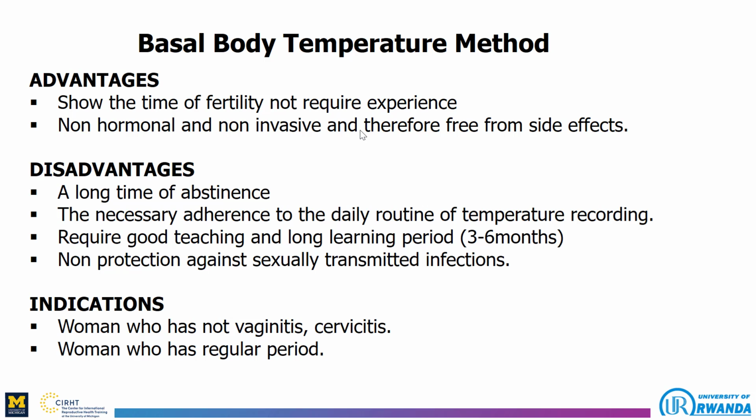It requires good technique and a long learning period of 3 to 6 months. There is no protection against sexually transmitted infections. For indication, basal body temperature is indicated for women who do not have vaginitis or cervicitis, and for women who have regular periods.